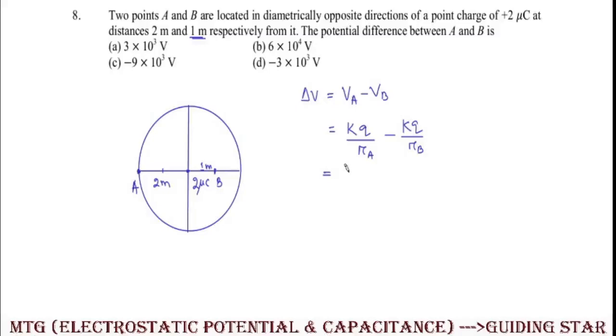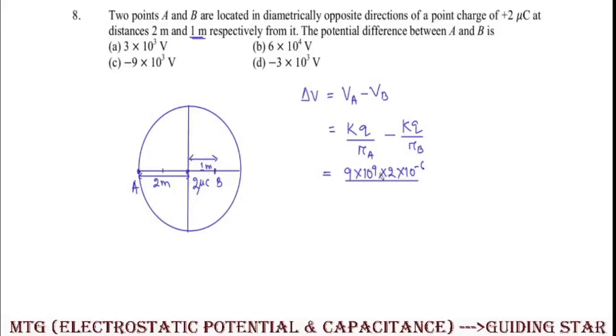So K is how much? K is 9 into 10 to the power 9, into Q, which is 2 microcoulombs, so 2 into 10 to the power minus 6, whole divided by distance, which is 2 meter. This particular distance is 2 meter, and over here this is 1 meter.